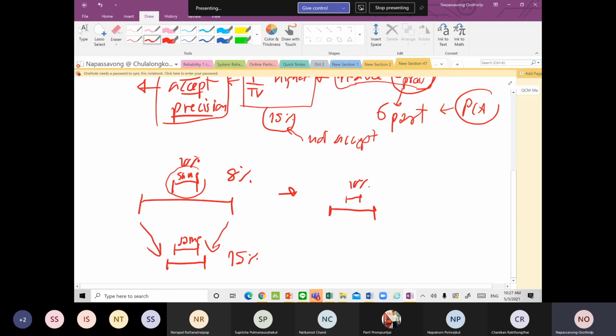So if the variation is this much, we can allow this much variation of the gauge. But if the process variation is smaller, we have to reduce the variation of the measurement system to keep this ratio at 10% all the time. Do you get that?